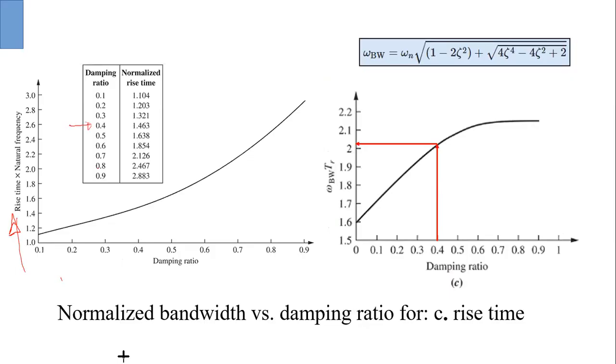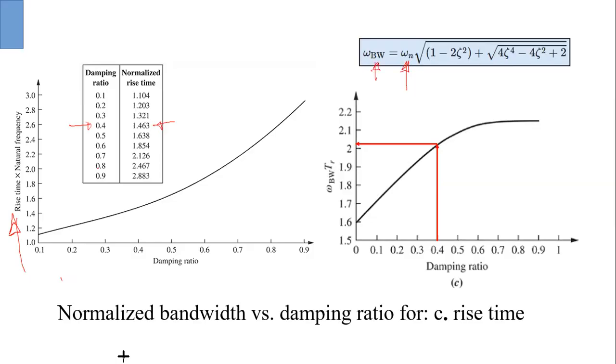For this value of zeta, this is our normalized rise time, and normalized rise time is basically rise time times the natural frequency. So you have to find out the natural frequency, then plot it here so that you can find out what your bandwidth will be.